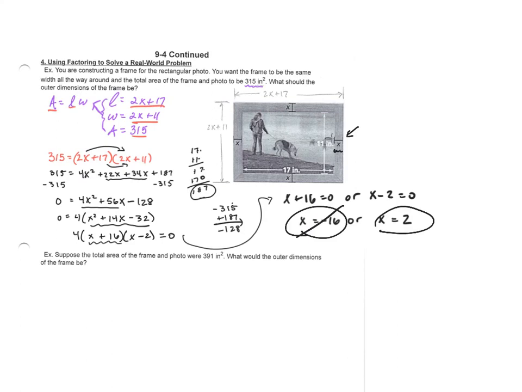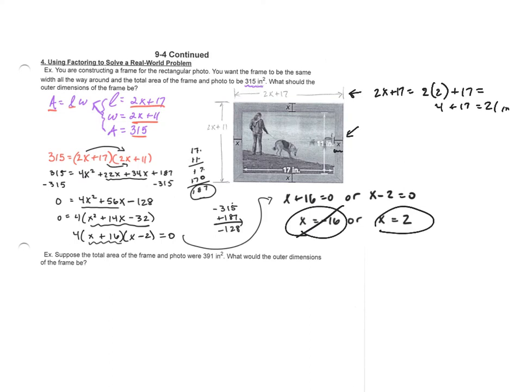And it says, what should the outer dimensions of the frame be? Well, if this length right here is 2x plus 17, I replace the width of the frame, or x, sorry, with 2. 4 plus 17 equals 21, so the length is going to be 21 inches.